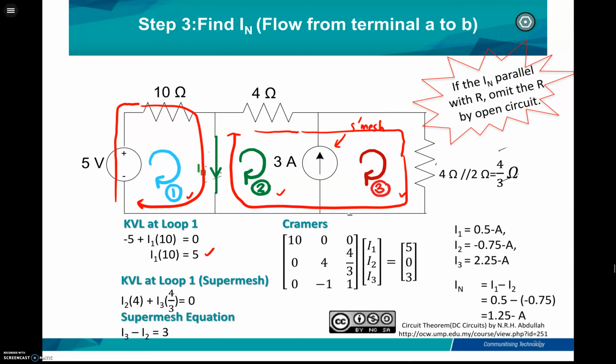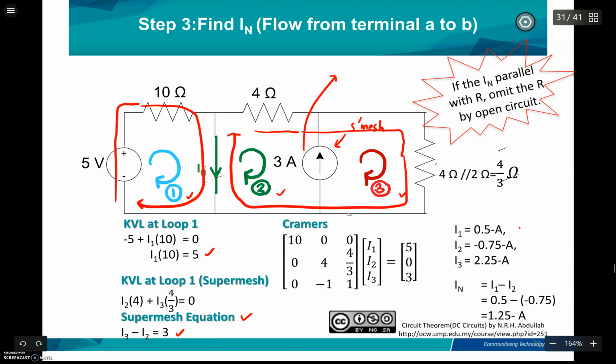Because the circuit consists of a supermesh, there is a supermesh equation that you need to determine, which is the 3 mA in terms of I2 and I3. So I3 minus I2 is 3 mA. Substitute these equations into Cramer's rule or into the matrix form, and then you can calculate and determine the values of the loop currents.